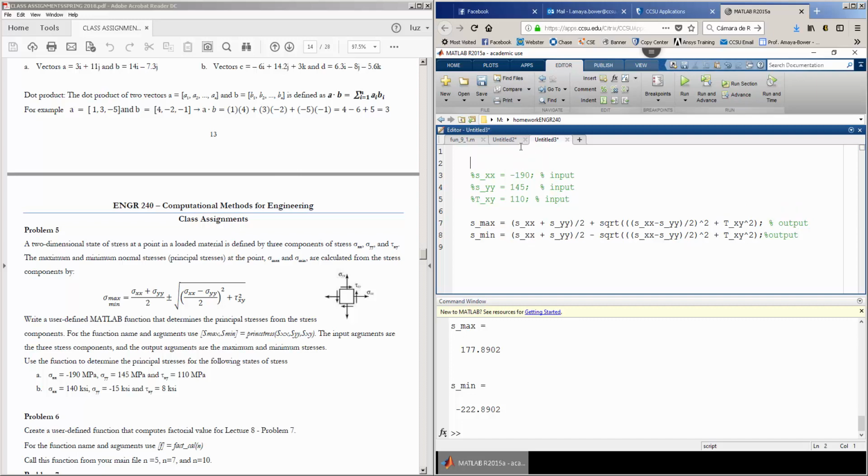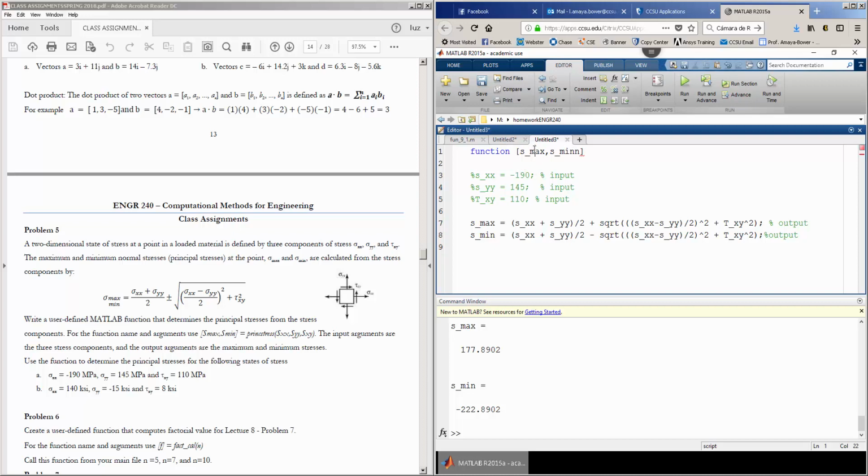Notice now we have to write the name of the function, and we write the outputs as s max, s min. So those are the outputs. Oh, I forgot the word function. That should have been the first thing. So s max and s min.